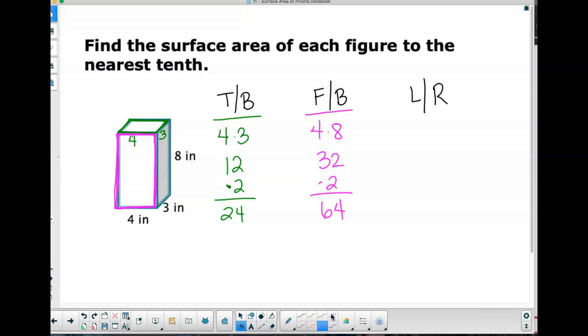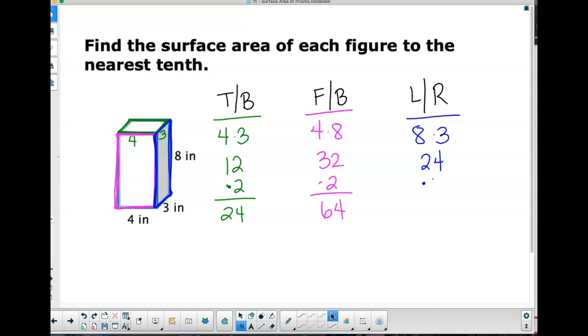Then I've got to do the left and the right. I'm going to outline the right side here. What numbers are on the right side of that figure? 8 and 3. 8 times 3 is 24. That's only the right, so we also need the left.